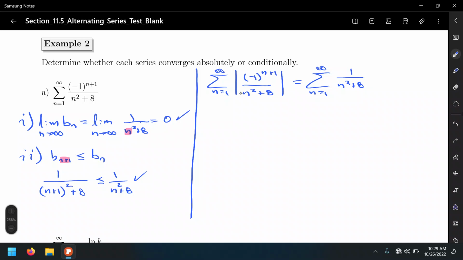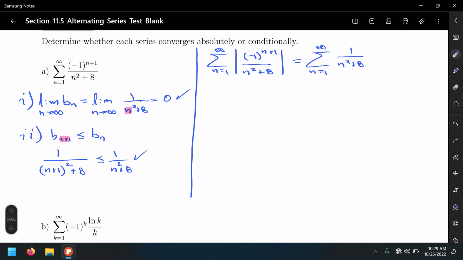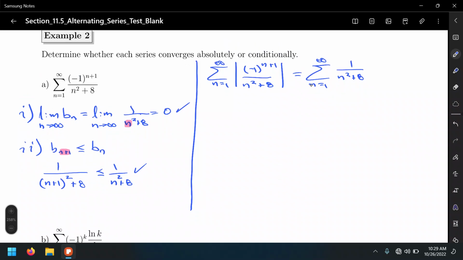So the absolute values cancel out that alternating factor. Let's forget about the alternating series for now; we're going to backtrack in due time to the original alternating series.